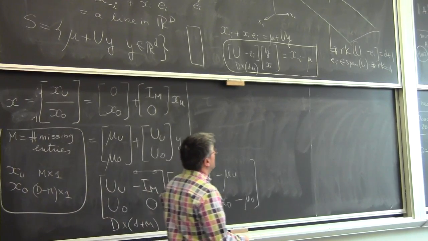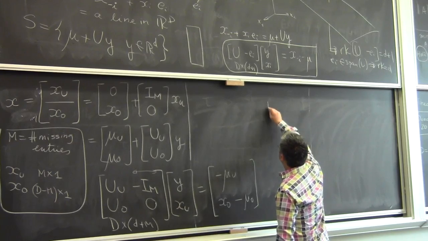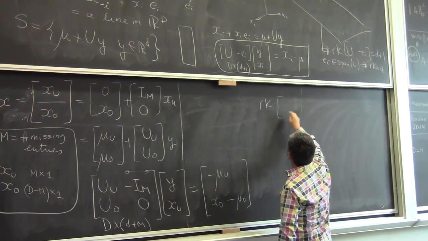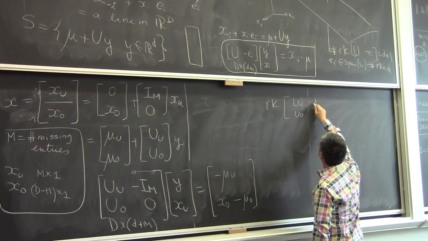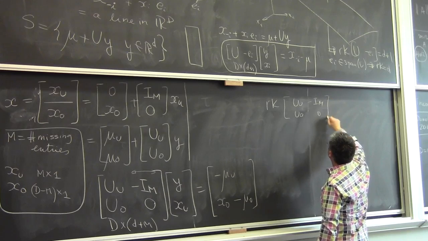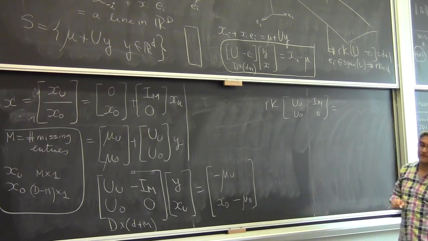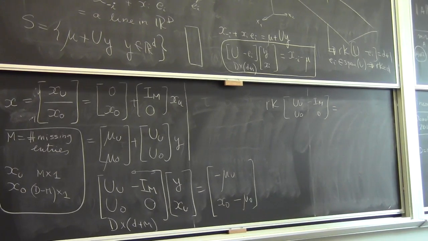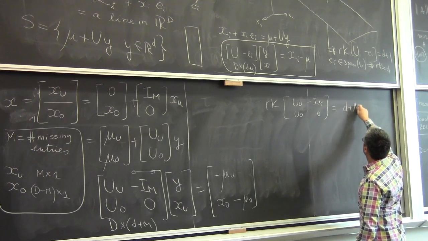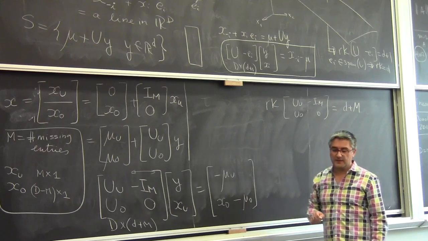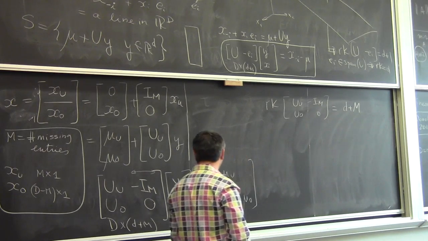And what we need is that the rank of this matrix that has the U, U observed, and minus I and 0, the rank needs to be equal to what, in order for me to be able to complete it? D plus m. Right? So I need the rank to be d plus m.